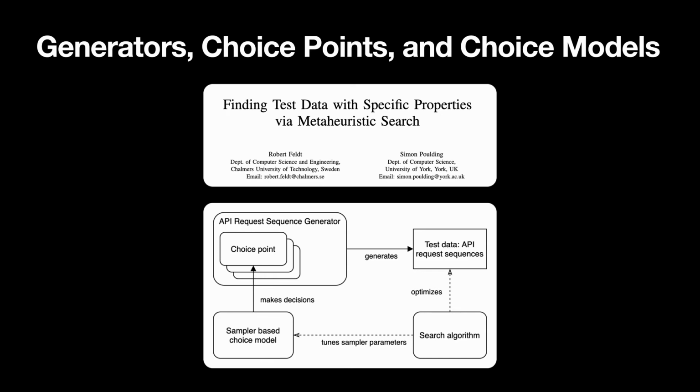In their original paper, Feldt and Poulding proposed a stochastic sampler-based model. A search algorithm can tune the parameters of those samplers in order to introduce a certain bias in the generated data. The basic principle of their approach is that generator programs make use of decisions that are made by an external party, namely the choice model. And this is exactly what happens in reinforcement learning as well, seeing as reinforcement learning is fundamentally about optimizing sequential decision processes.